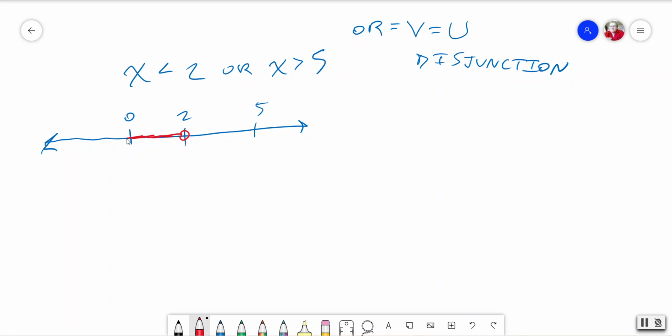Now, it's actually worthwhile to point out that there's two different kinds of disjunction.